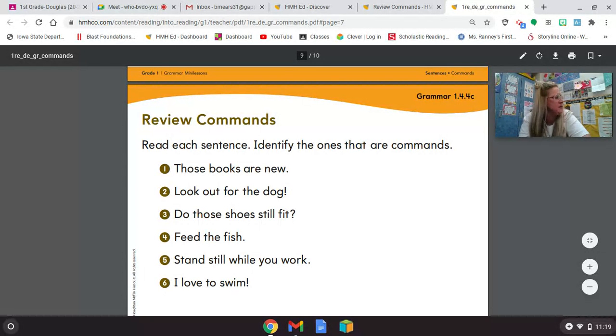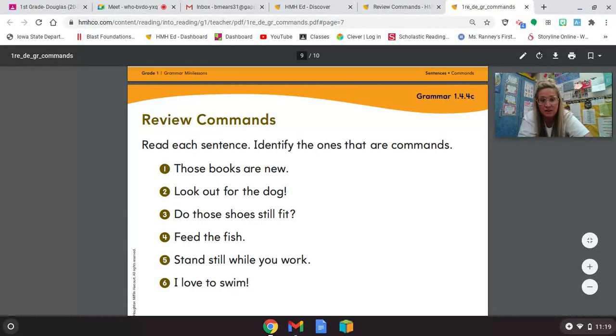Is that a command? Is it telling you to do something? No, so that would be a thumbs down. Okay. Number 2, look out for the dog. Is that a command? Yeah, it's telling you to do something. Here's number 3. Do those shoes still fit? Yep, that's a thumbs down. It is not a command. It's a question.